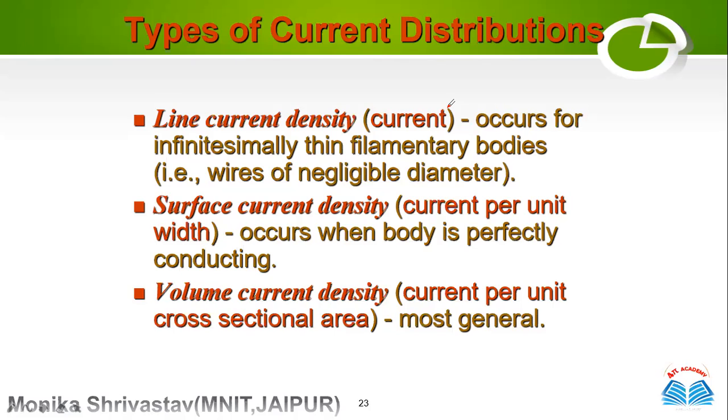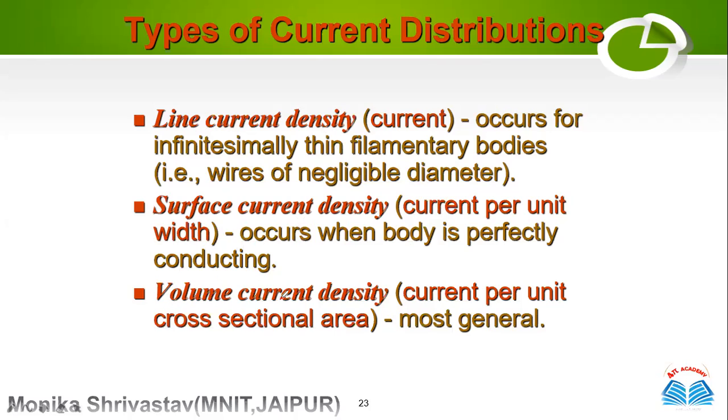Here, again in magnetostatics, we can introduce three types of current distributions. Those are quite similar to the electrostatic charge densities. The first one is line current density, which occurs for infinitesimally thin filamentary bodies like wires. Line current density is for wires only. The second one is surface current density, which means current per unit width, that occurs when the body is perfectly conducting.